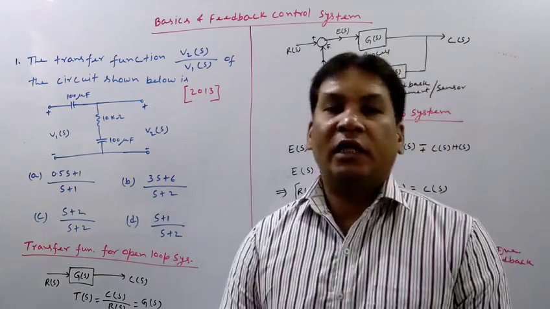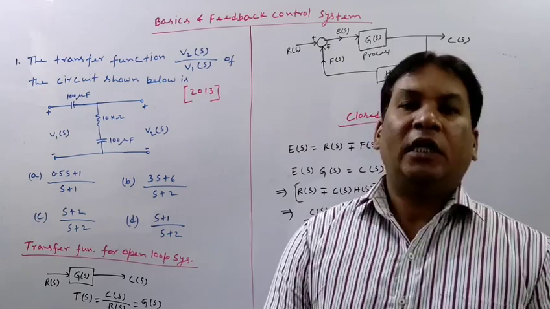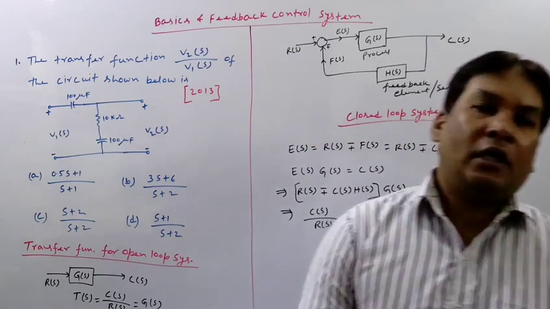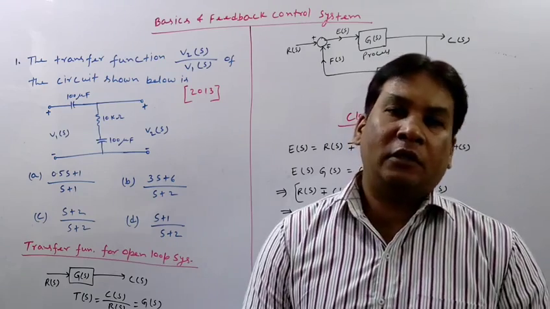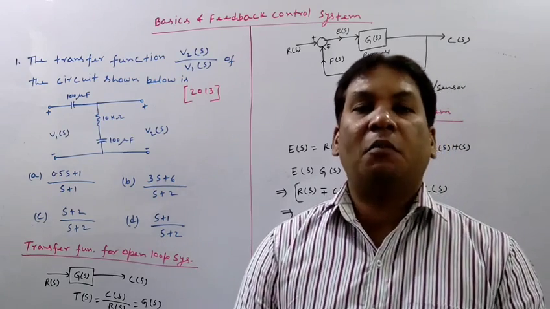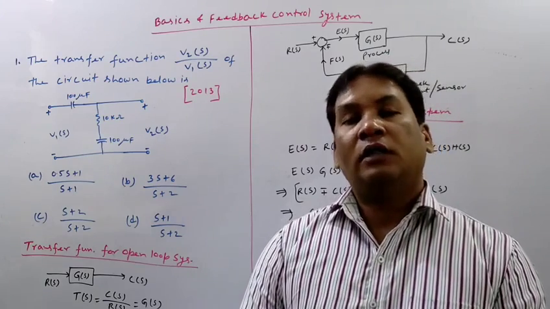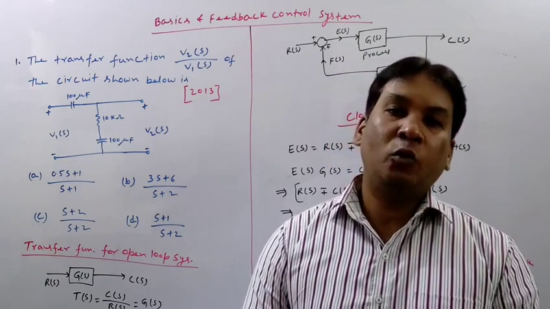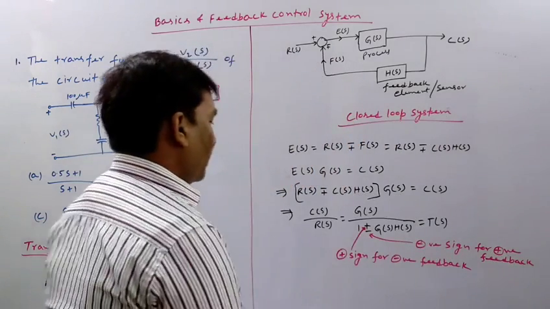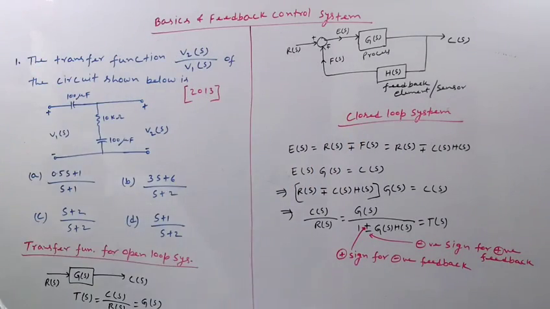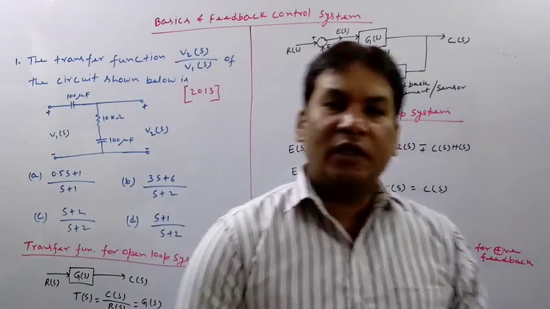Generally we use negative feedback, because generally positive feedback makes the system much more unstable. So generally positive feedback is used in oscillators only. Let me write this thing also, and for all other practical purposes we use negative feedback.